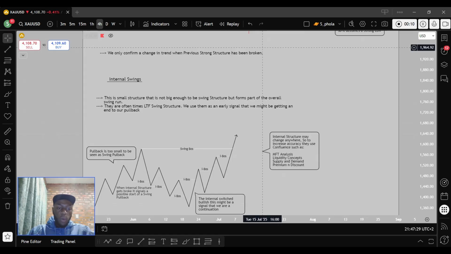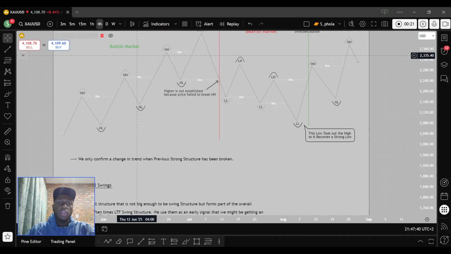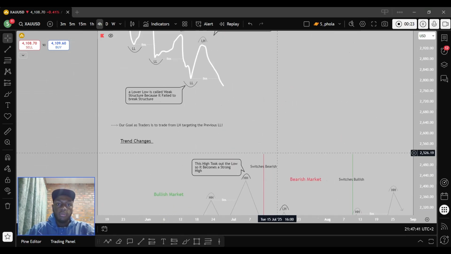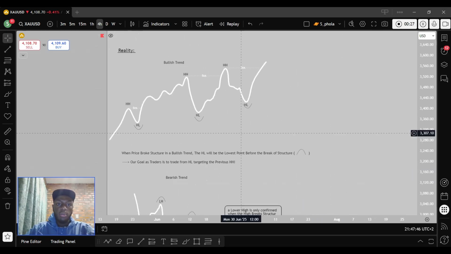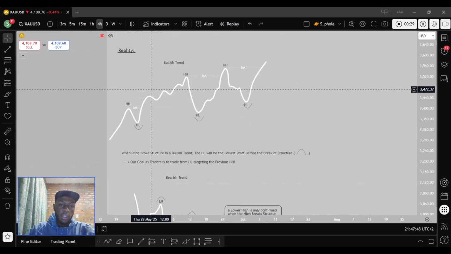So, what type of structure do we have? Another type of structure we have is internal swing structure, which is what I was talking about in this part when I spoke about those minor pullbacks, which are not big enough for us to refer to as swing pullbacks.